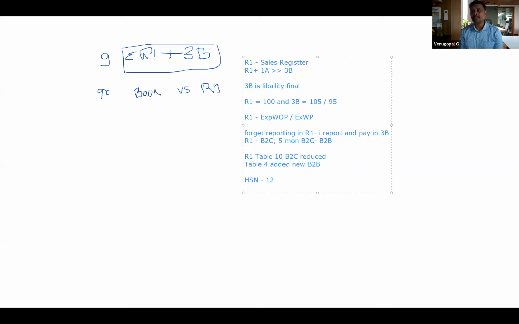Now, anything could have happened. How will you communicate to the government that so much has happened, let me now correct it? I would have reported in my GSTR 1 100 rupees, while my book liability is 140 rupees.